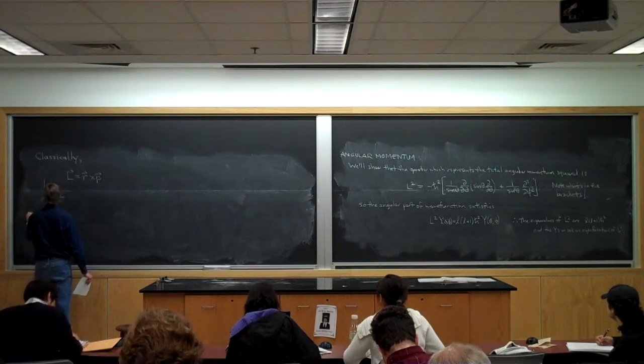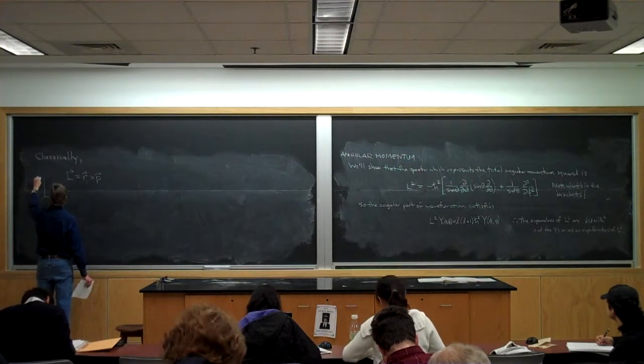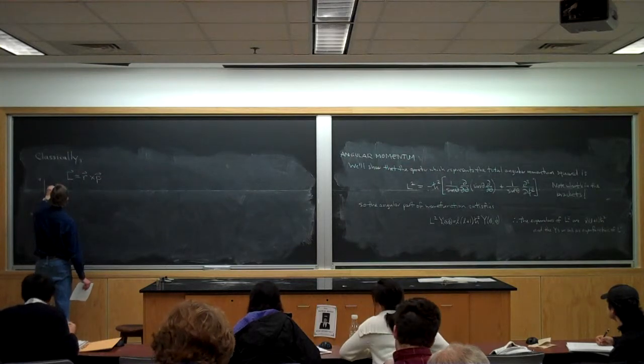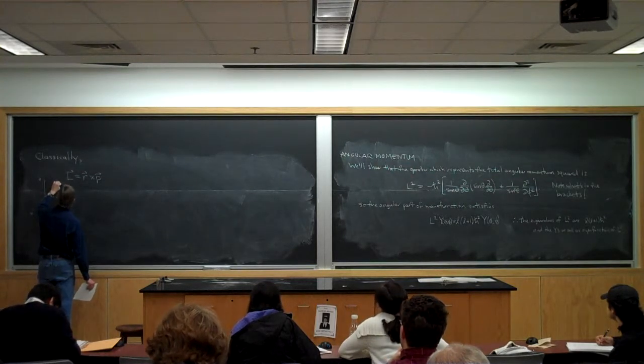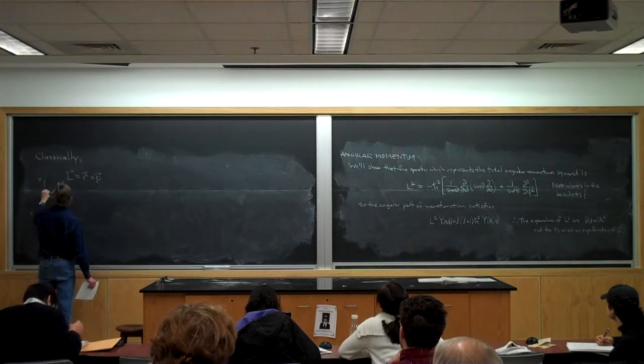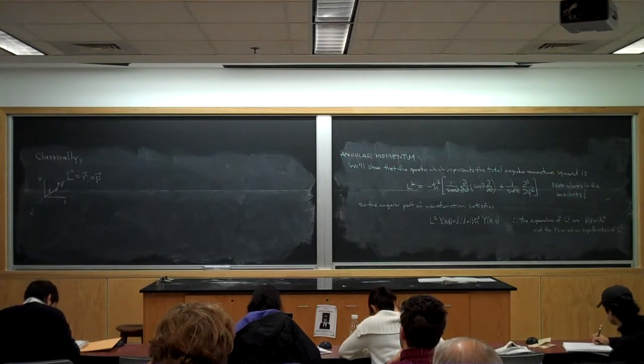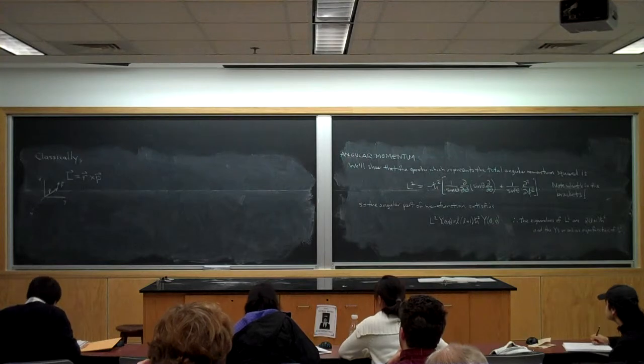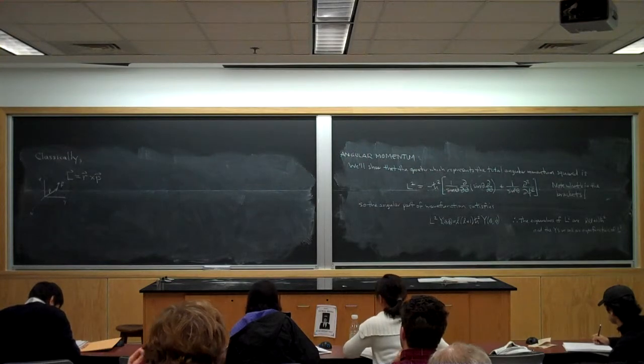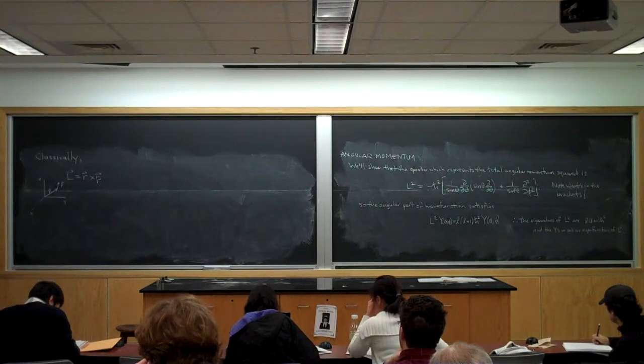given some origin of coordinates with respect to which I'm calculating the angular momentum, if I've got some particle with momentum P at a vector displacement R from the origin, R cross P is what I calculate in order to get the angular momentum of that particle with respect to that origin.